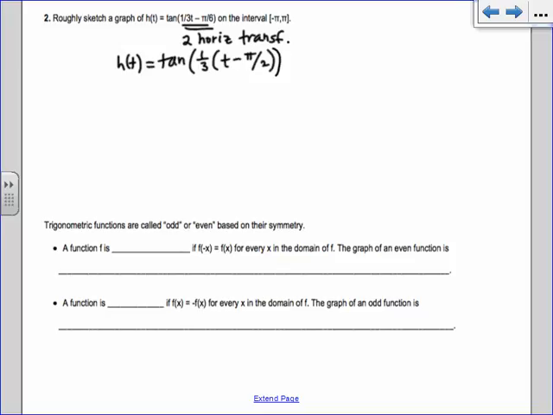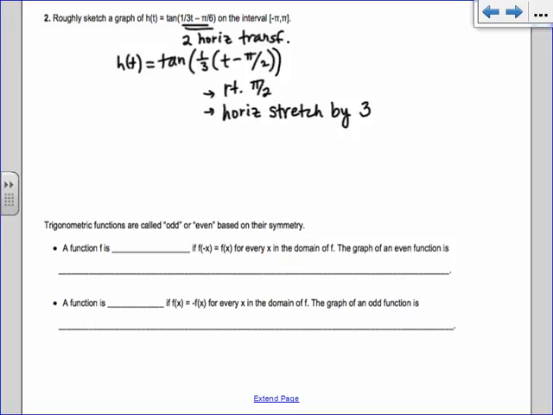Now what we have is the first transformation is we're going to move right pi over 2. And the second transformation is a horizontal, and since it's 1/3, we do the opposite, so horizontal stretch by 3.